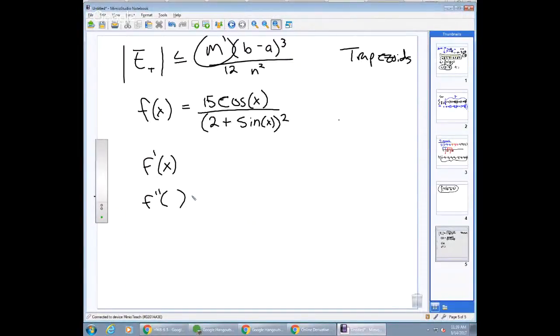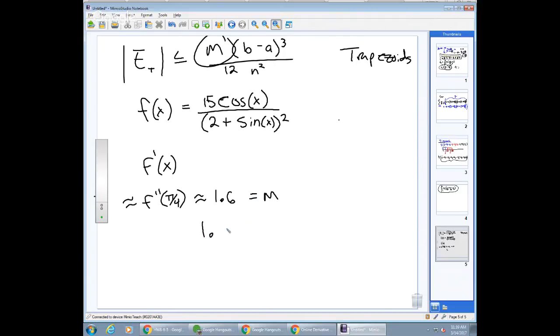So second derivative evaluated at approximately pi over 4 is about 1.5-ish, 1.6-ish. Let's call it 1.6-ish. Nah, that's good enough. So I think that's about what m is here.